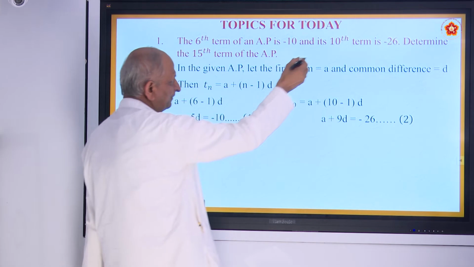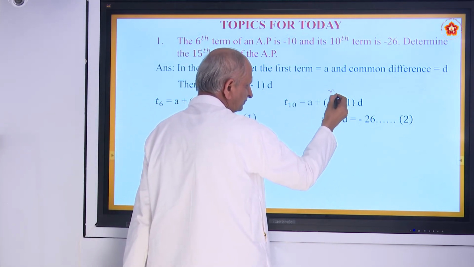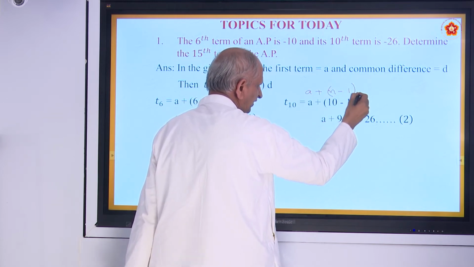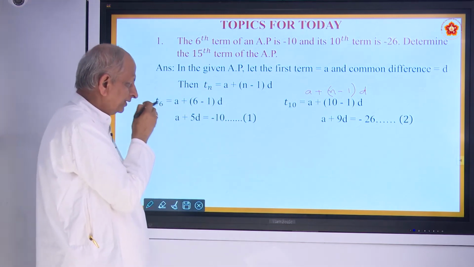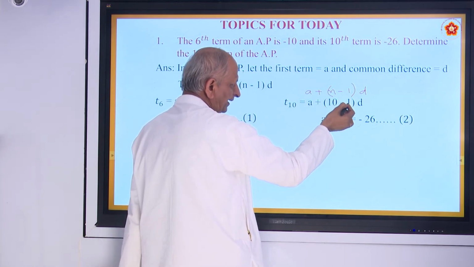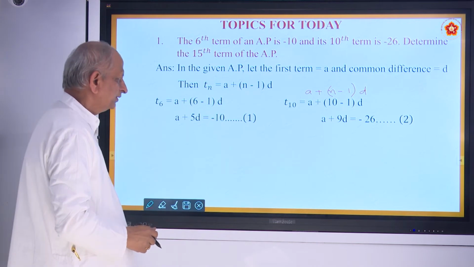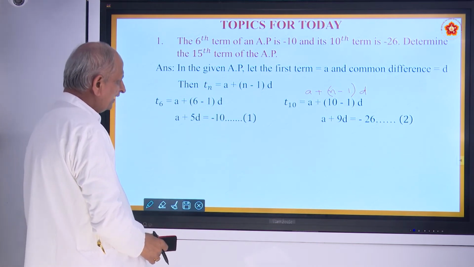And in 10th term means T10, A plus 10 minus 1, this is N. So A plus N minus 1 into D is the formula. In that formula, 10 minus 1 means 9 into D. So second equation. Take these two equations and solve.